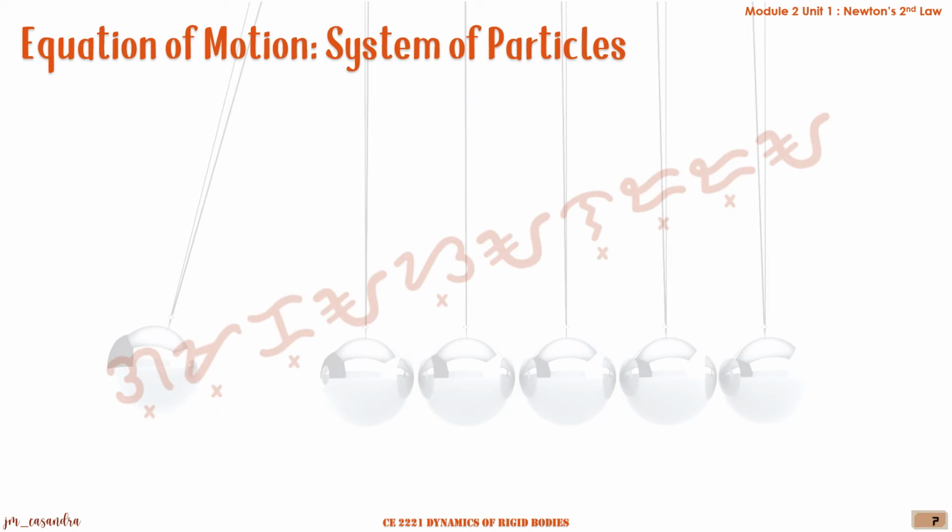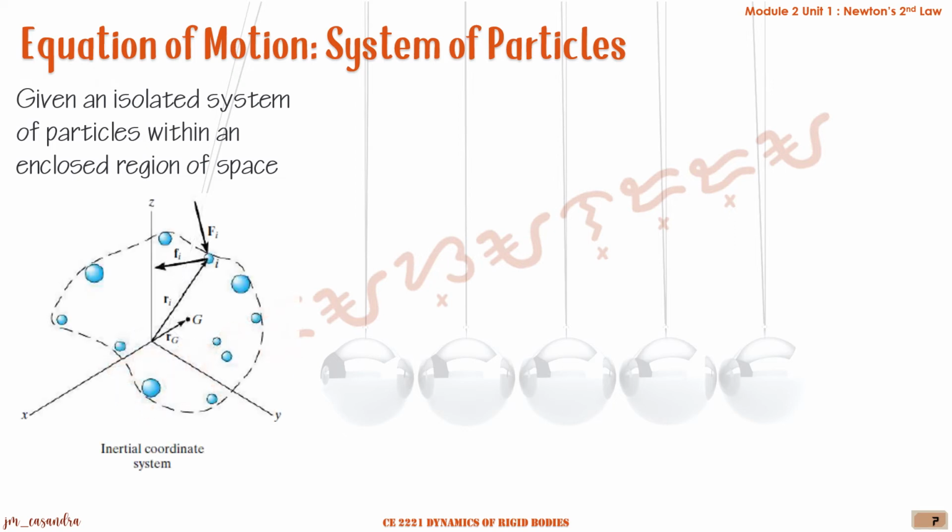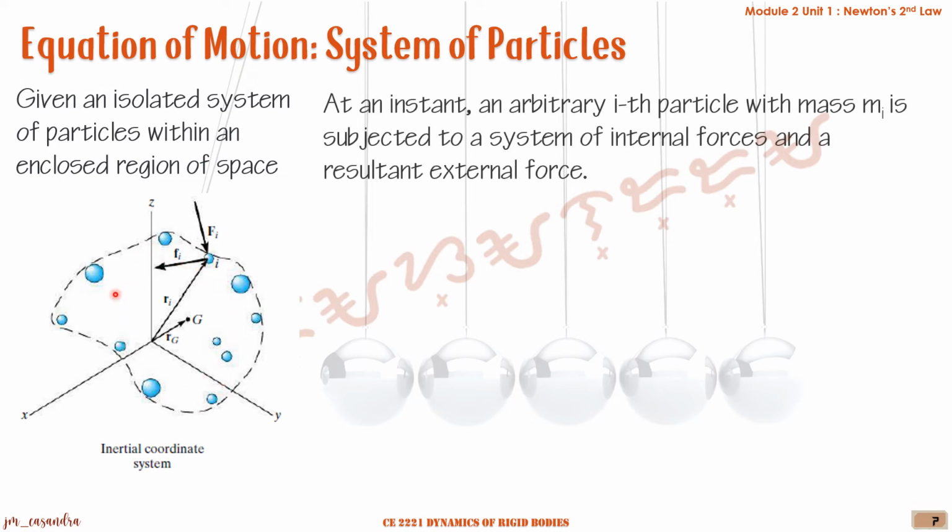So next, we have the equation of motion for systems of particles or a particle system. So given an isolated system of particles within an enclosed region of space, so this is the region of space. So may particles tayo sa loob. So given this one now, at an instant, we choose an arbitrary ith particle. So any particle we choose.